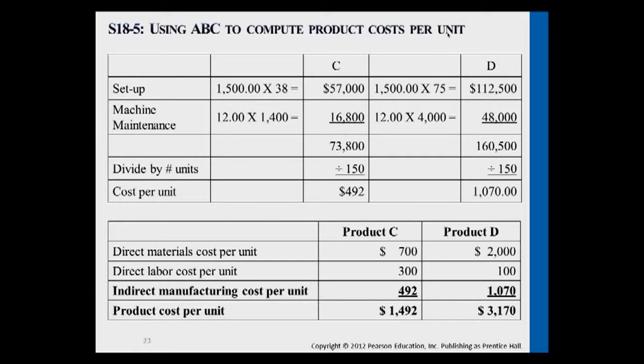So you're going to use these numbers, right? If you look at the book, there's more information there. But for those who do not have it, it's in exercise 18-5. You can use that information. So if you did the exercise just now, you'll be using your product cost per unit.